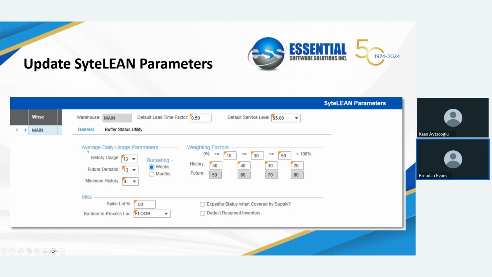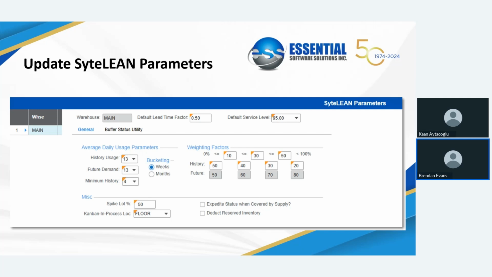Now, the average daily usage transactions that are within that time frame will be used to calculate the weighting factors. The weighting factors on the right here will control how historical and future data gets used to calculate the average daily usage. This is an example. We've got an item that has a historical usage of 100 units per day and a future forecast of 135 units per day.